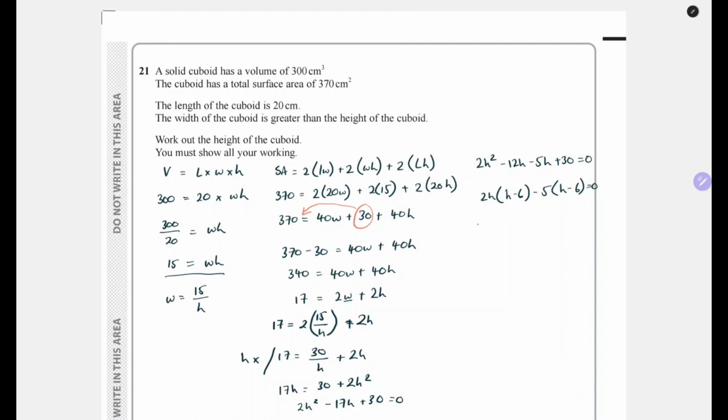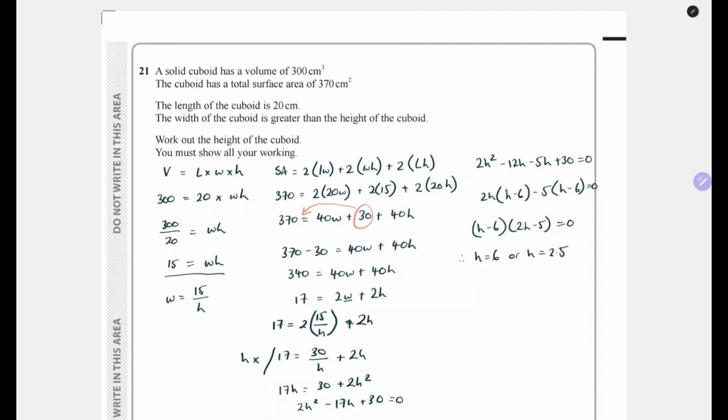And so my final factorizing is H minus 6, 2H minus 5 is equal to 0. And therefore, either H has to equal 6 or H has to equal 2.5.